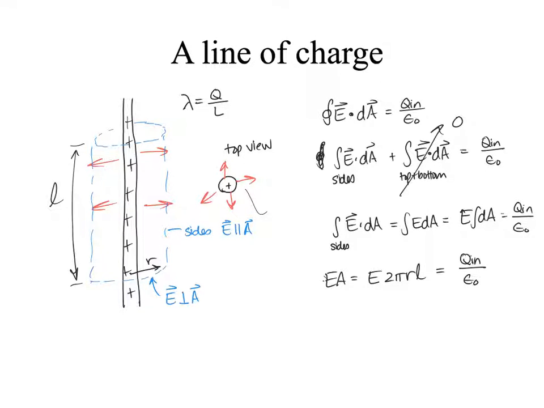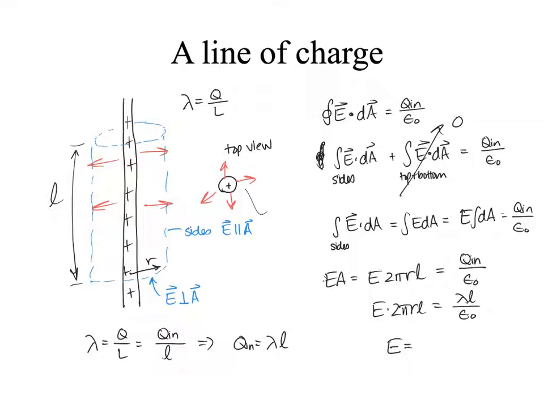Now, how much charge do I get in this cylinder? Well, again, lambda is the total charge over the total length. Q in over L allows us to solve for this, and Q in is going to be lambda times L. And so we have E times 2 pi r L equals lambda L over epsilon naught.